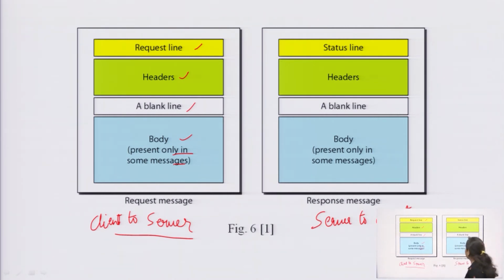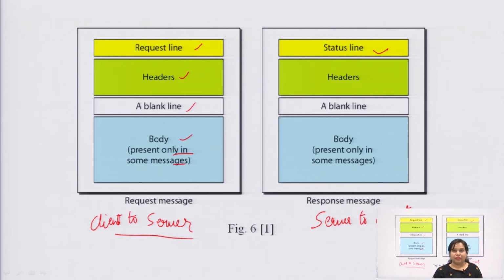Now, in the response, you can see that there is a status line, and other things are the same. There is a request line, and there is a status line. This acts as an acknowledgement. It can be a positive acknowledgement or a negative acknowledgement, because every time you want to access any device or any web page, it is not guaranteed that there will be no error. There can be errors due to some internet issue or any other issue, or because some websites go under technical upgradation.